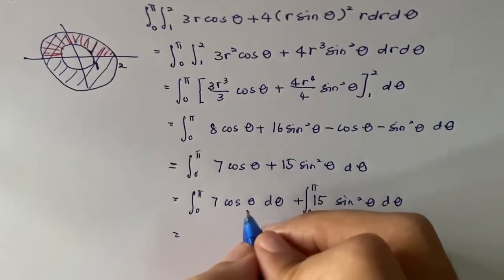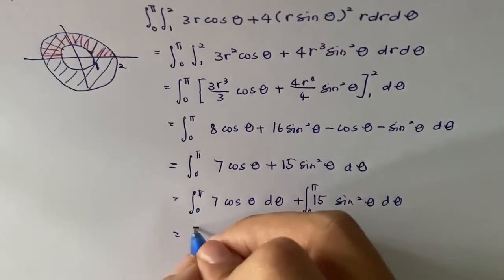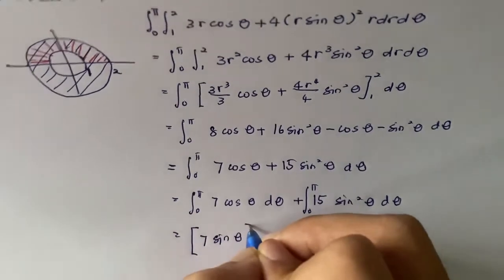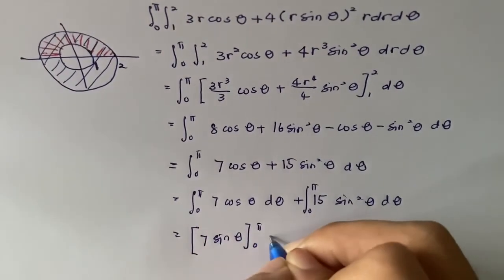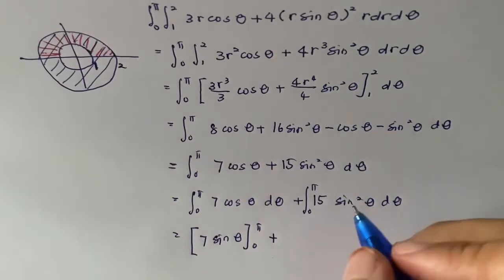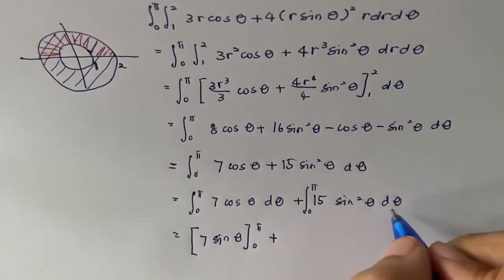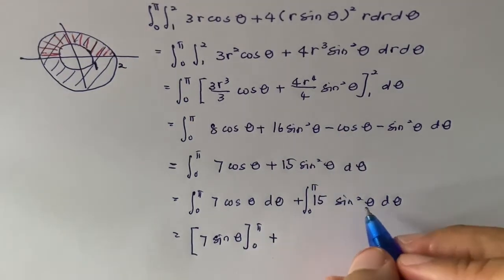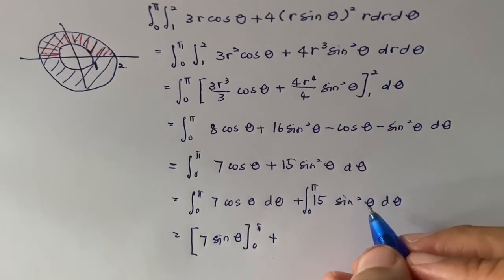So integral of 7 cos theta is equal to 7 sine theta. Substitute 0 to pi. But for this part, you need to substitute sine square theta using the trigonometric identity.